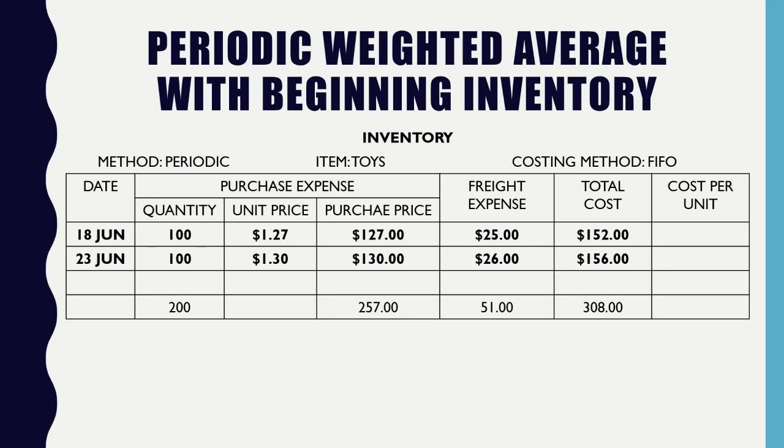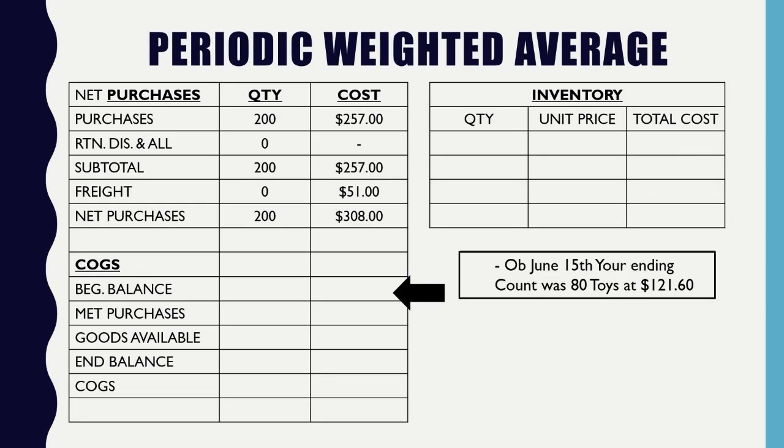But you do not need to solve for the average cost here because now you also have to add your beginning inventory. Figuring out the average cost here is only giving you your average cost for your net purchases. But in this case, we have beginning inventory, so this number wouldn't even matter even if you calculated it ahead of time. Okay?